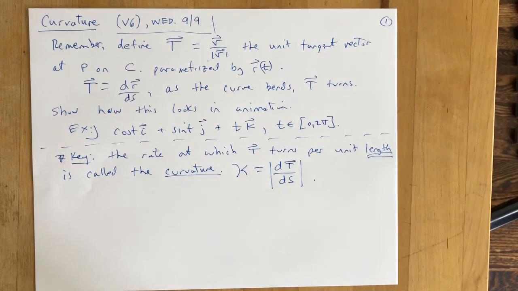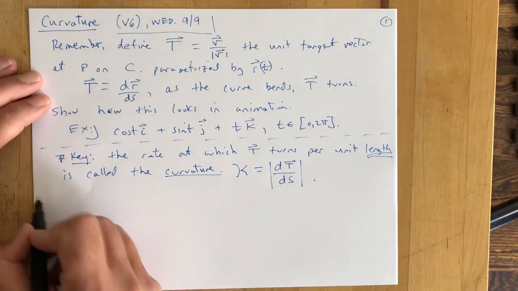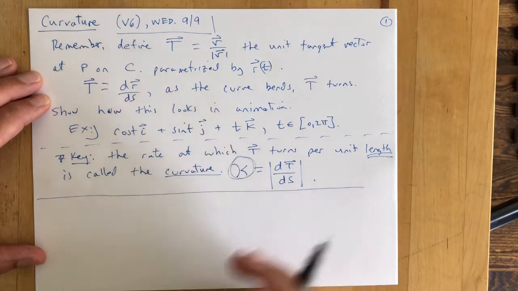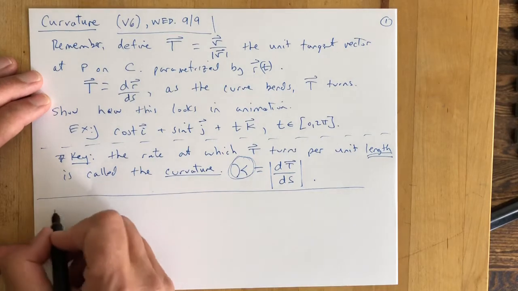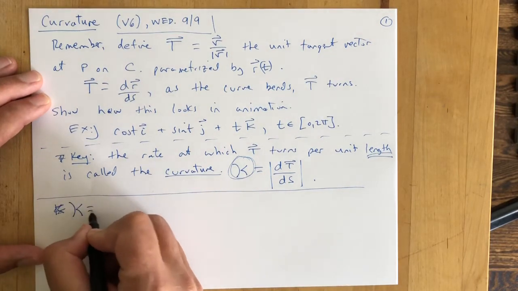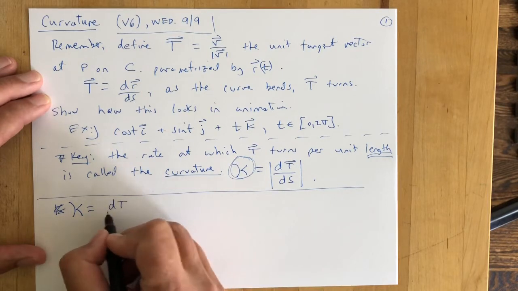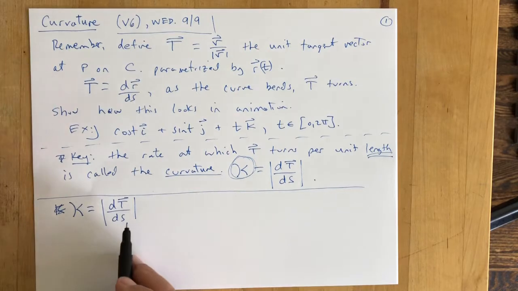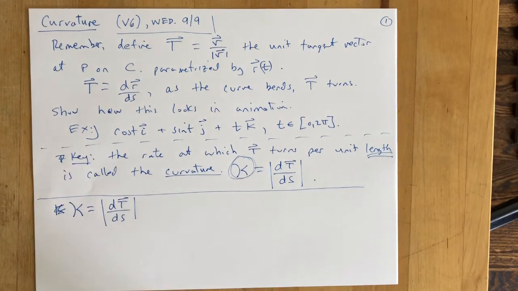And this is really similar to concavity. Okay. So let's get a handle on this number here. So kappa is defined to be the absolute value of dT/ds, so the magnitude of this derivative vector.